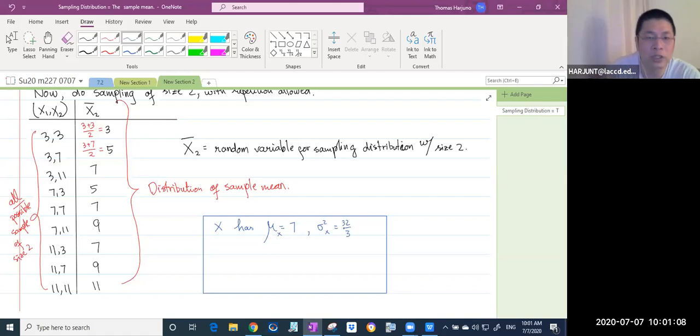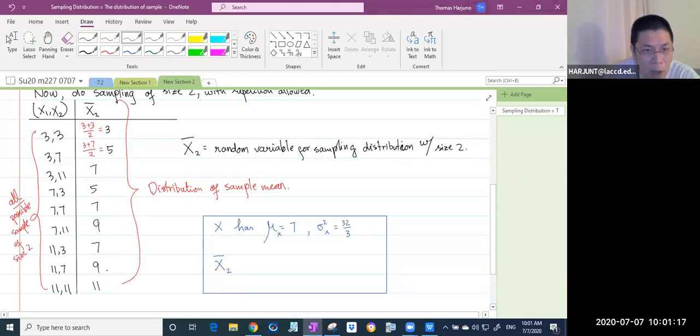Now, when I do sampling of size 2, I have different possible outcomes also, right? Because it is a random variable, it has more than one possible outcome. Then we can find the mean. The notation for the mean of that sampling distribution is basically you need to get the average of these numbers.